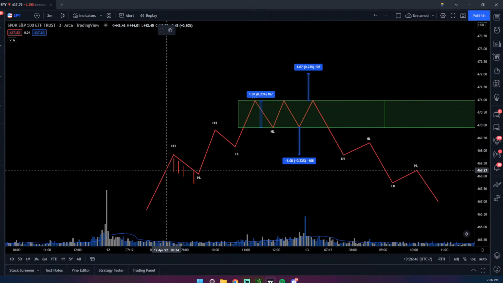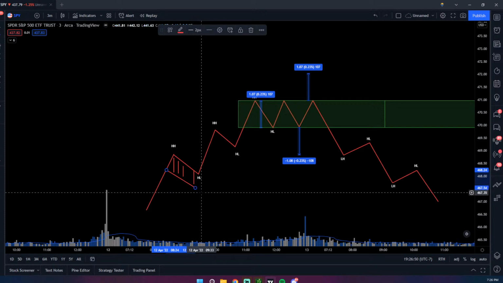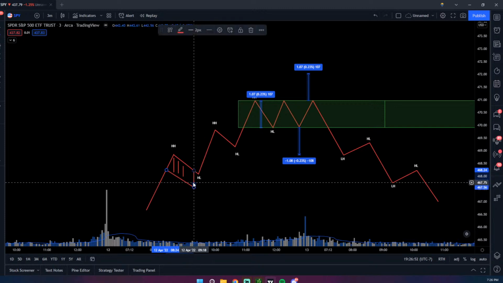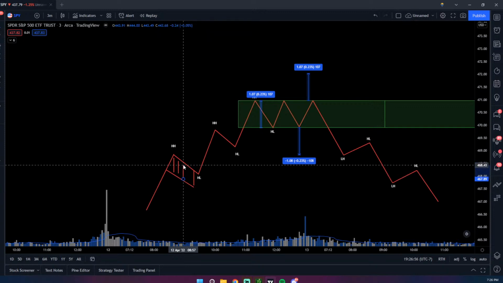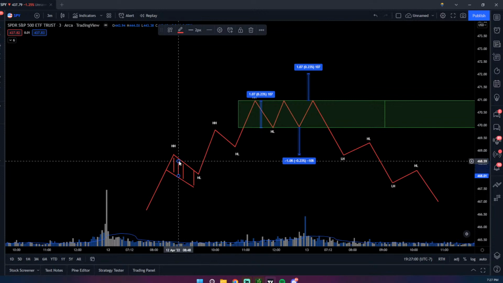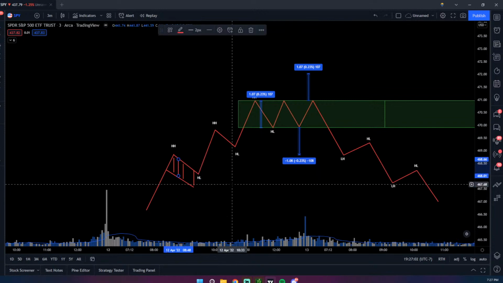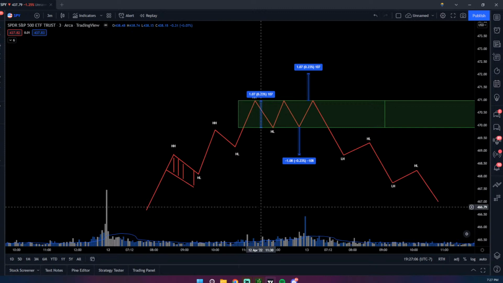So these candles form our flag, right? Let me try to make this a little bit cleaner. So there's our flag. It should be clear as day now. This is as clear as I can make a flag, okay?